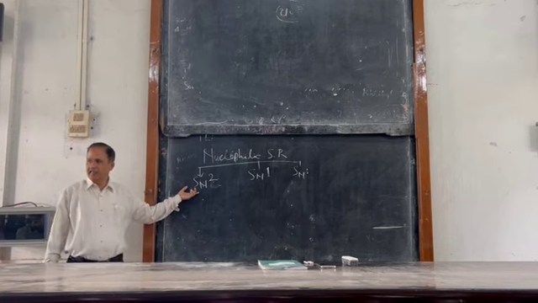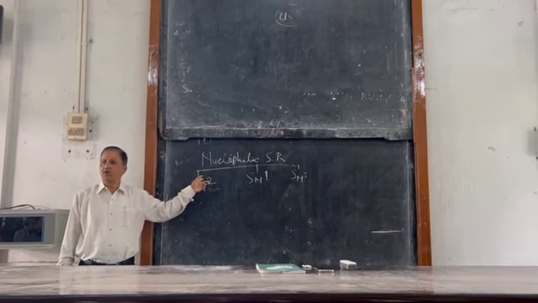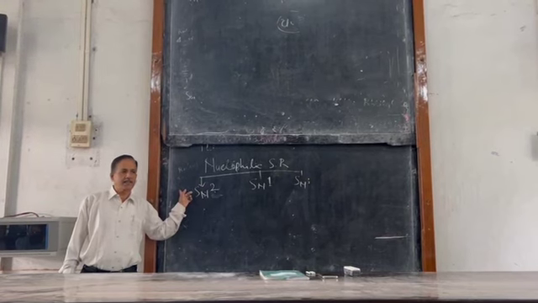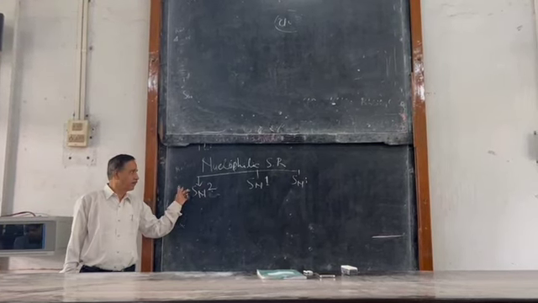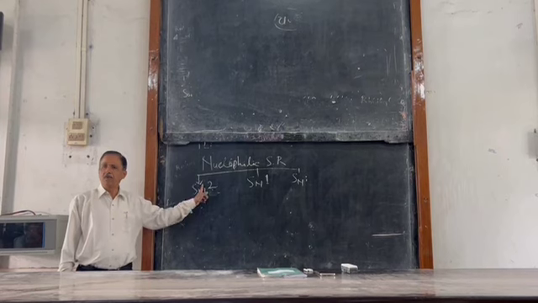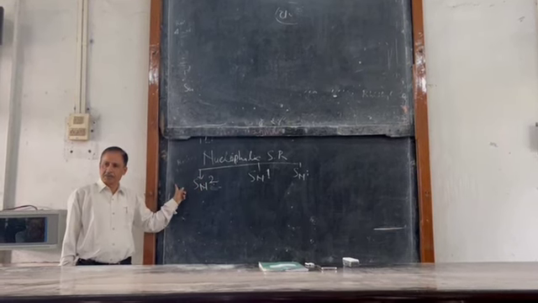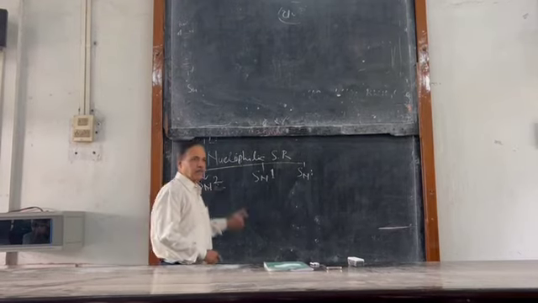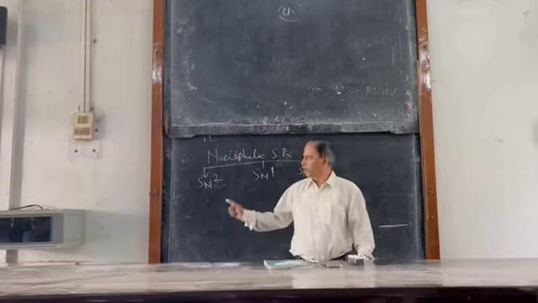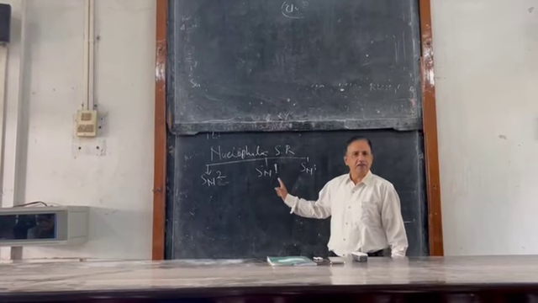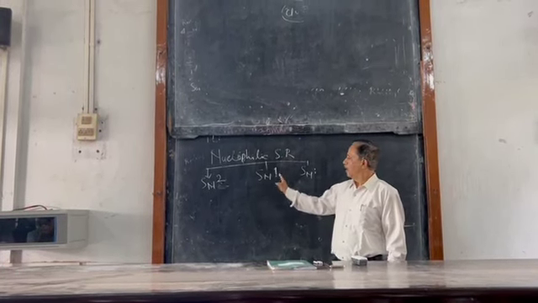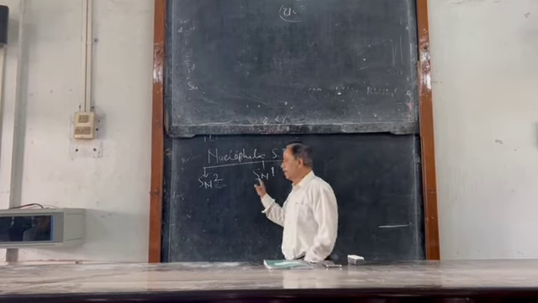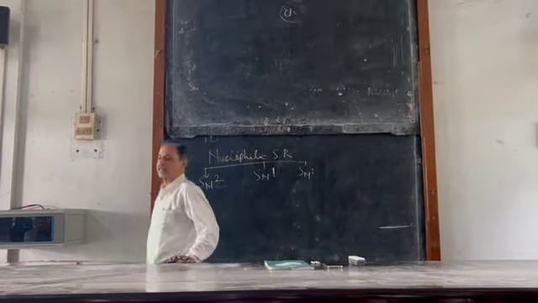So what is the meaning of SN2? 2 stands for bimolecular, N stands for nucleophilic, S stands for substitution. That means SN2 is a bimolecular nucleophilic substitution reaction. Then SN1: 1 stands for unimolecular, N stands for nucleophilic, S stands for substitution.